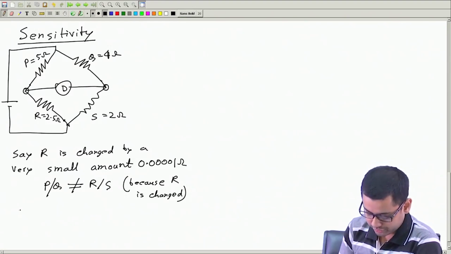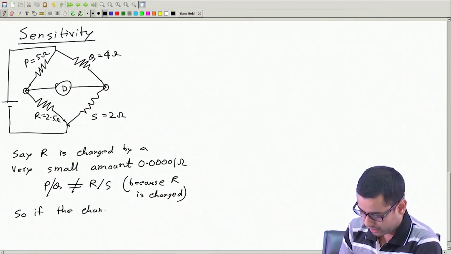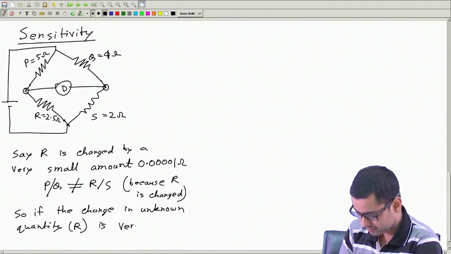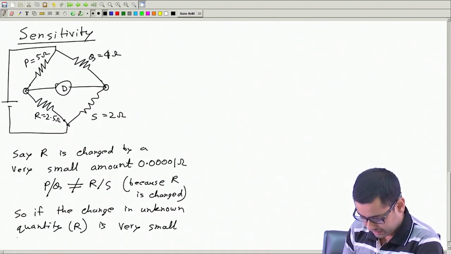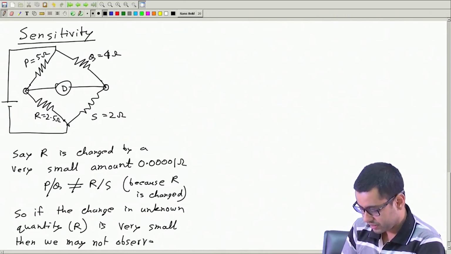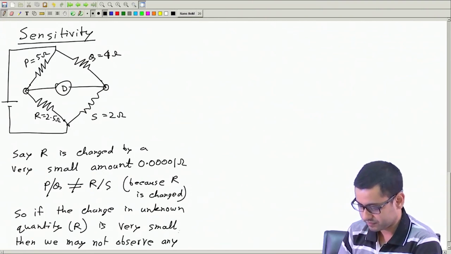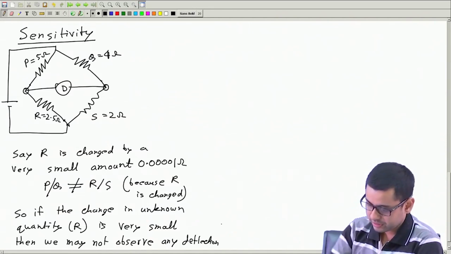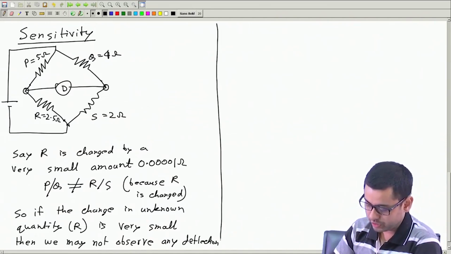So, if the change in the unknown quantity, which is R, is very small, then we may not observe any deflection, because the current through the detector will be very small.